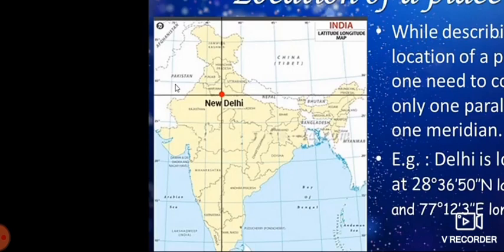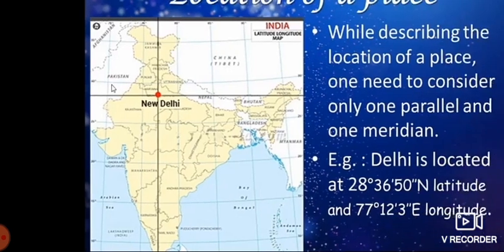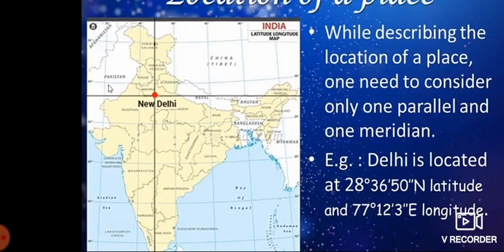Okay, Delhi's latitudinal location is how much? 28 degree 36 minutes and 50 seconds north latitude, and the longitudinal extent is 77 degree 12 minutes 3 seconds east longitude. Okay, so this is the way we are going to locate a place; we had taken New Delhi as an example.